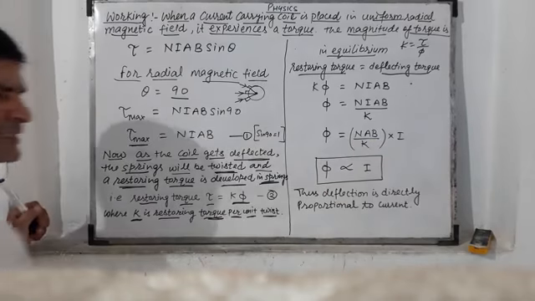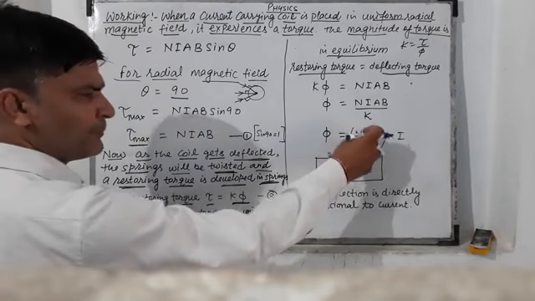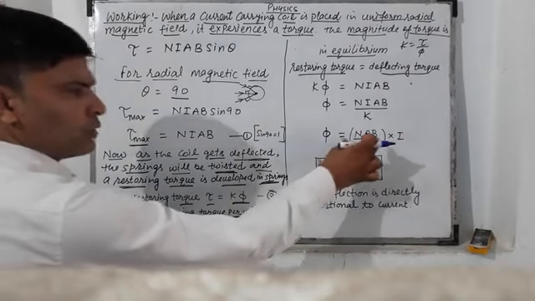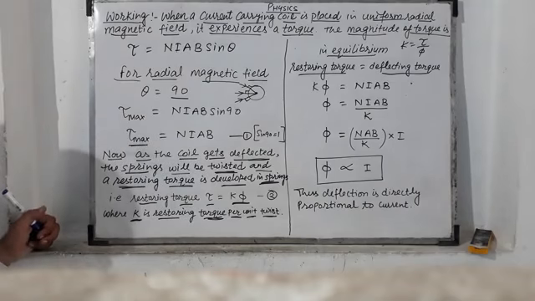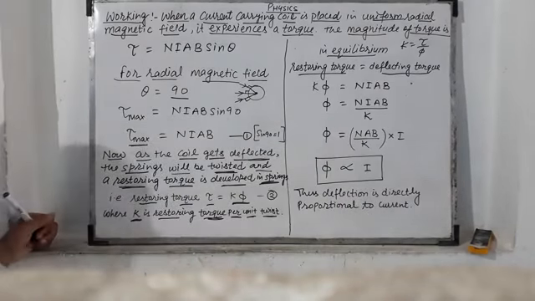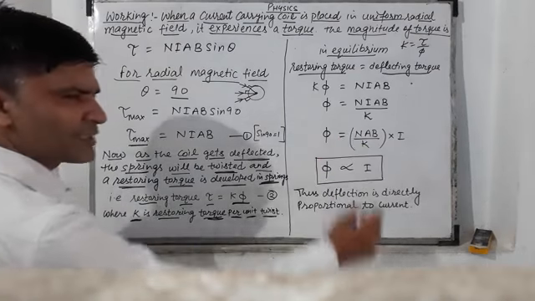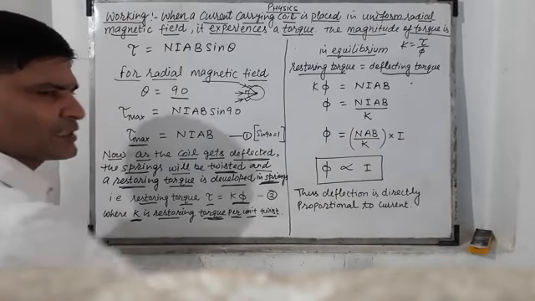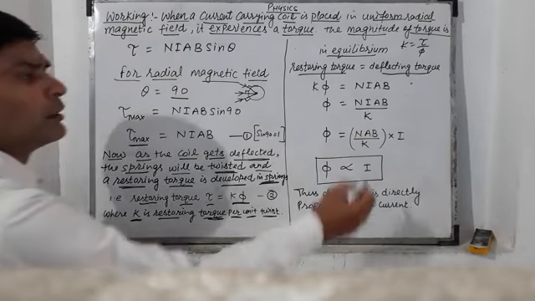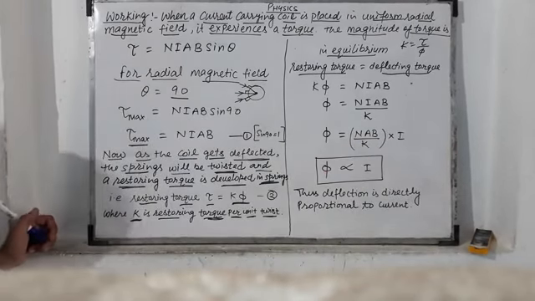Now separate some terms: NAB upon K into I. All the variables in the bracket are constant, because the number of turns is constant, area is constant, magnetic field is constant, and K is also constant.